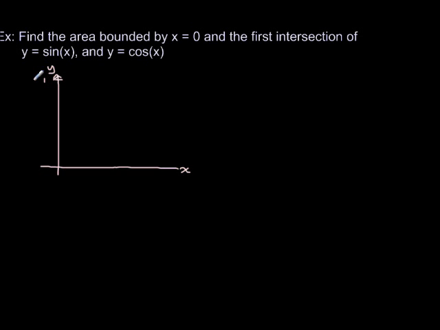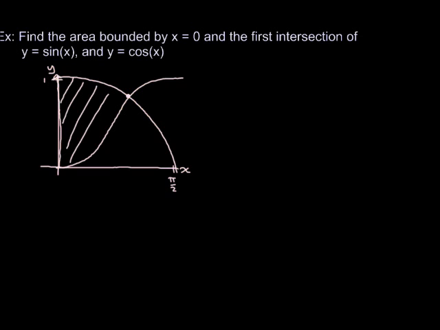We want the function y equals sine of x. And we want the function cosine of x. Okay, and we want this to be bounded by x equals 0, and then they want us to close off at this first intersection. So the area in question is right here.